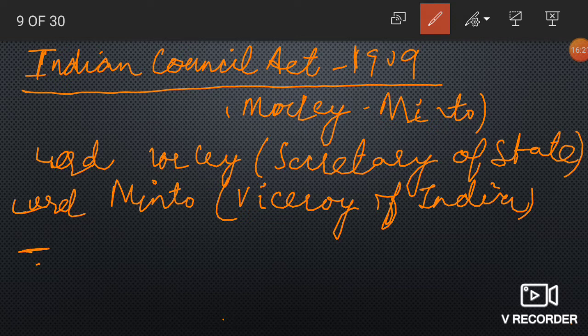This act had important features. It increased the size of the legislative council.